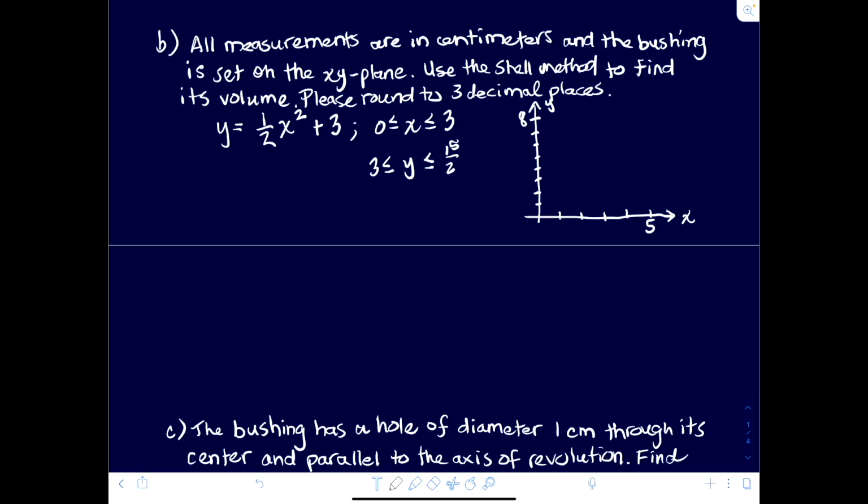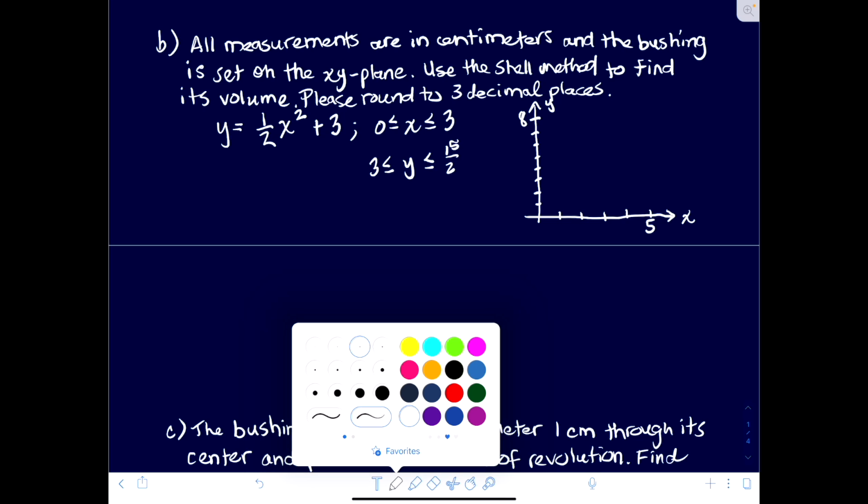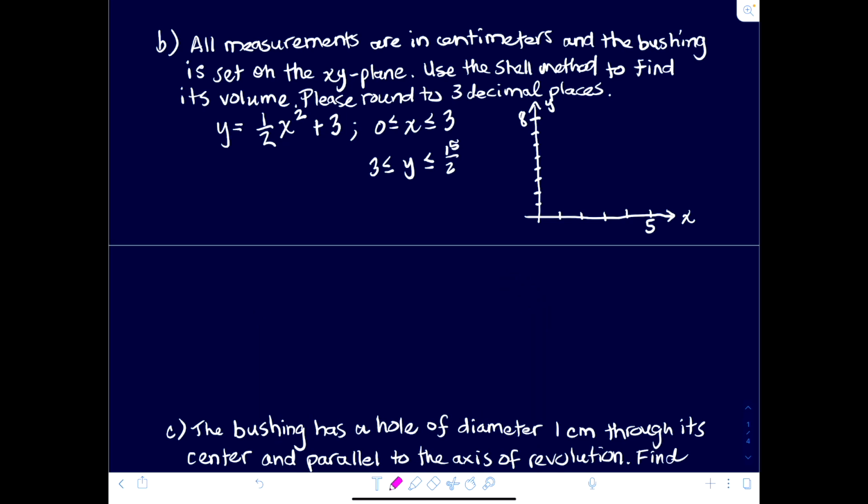So basically what will happen is you'll have a graph that looks sort of like this. Again, you have the ordered pair when x is 0, y is 3. And we also have when x is 3, y is 15 halves, which is 7.5.